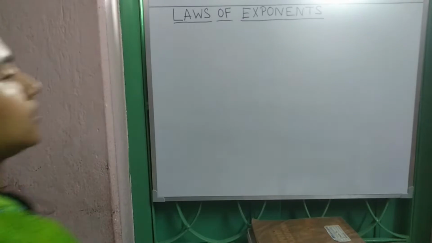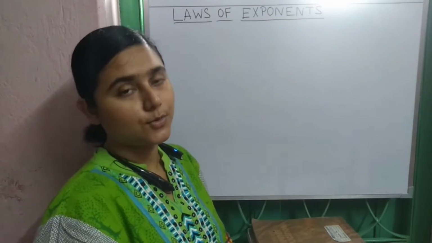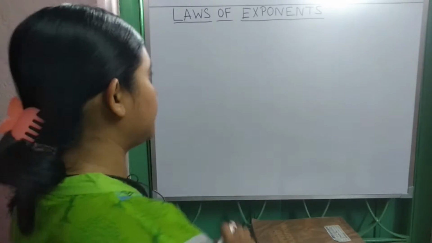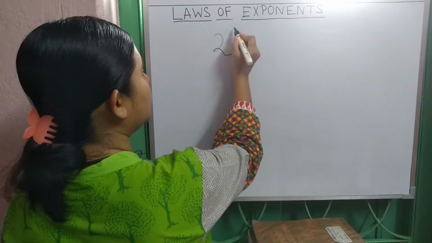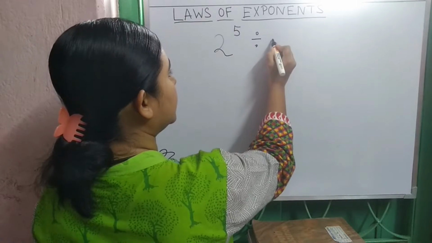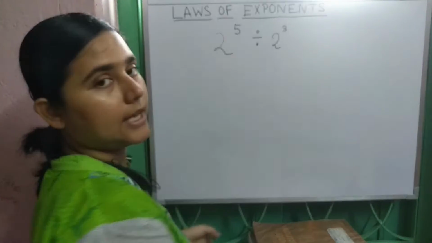Now come to the next formula. If I give you a question like 2 to the power 5 divided by 2 to the power 3, then how can you solve it?